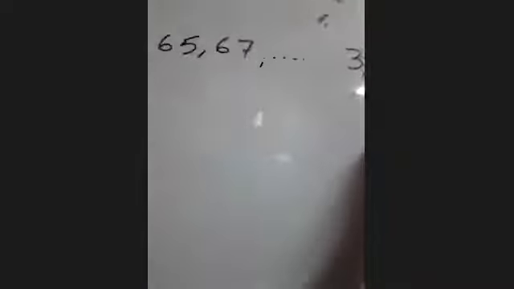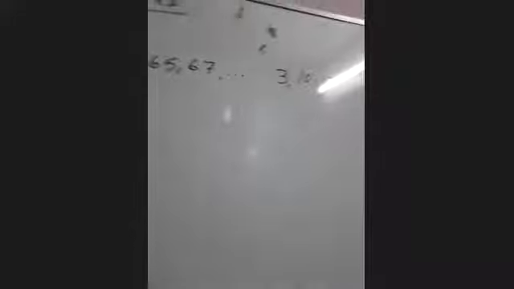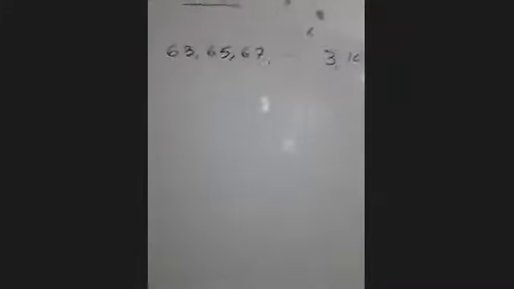Okay, so there are two APs given. The first is 63, 65, 67 and so on, and the other one is 3, 10 and 17 and so on, right? We need to find the same term of both the APs.